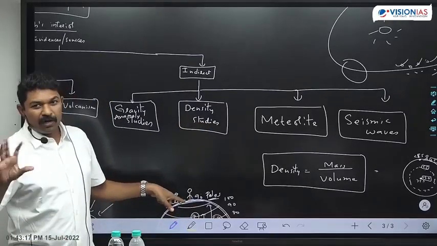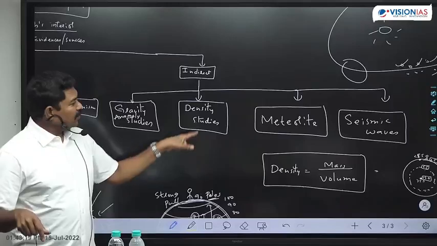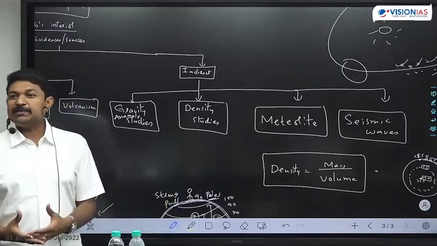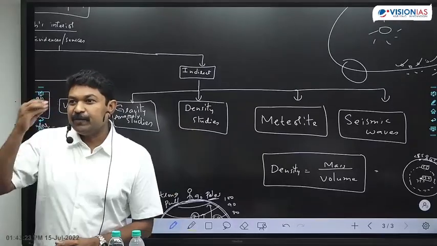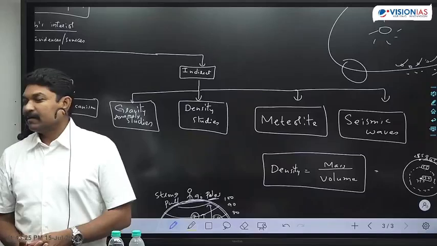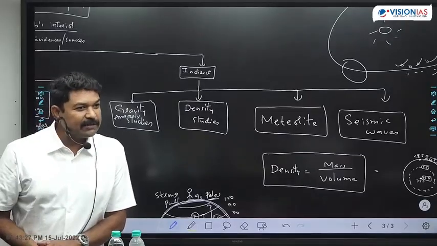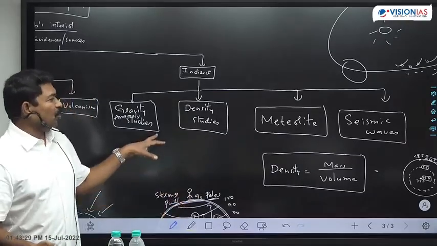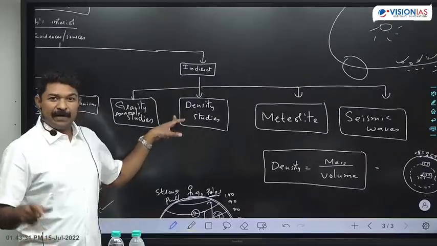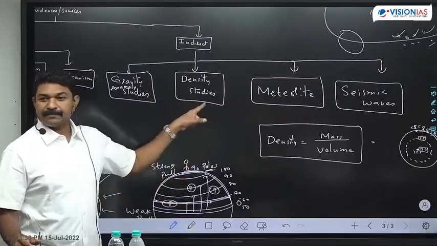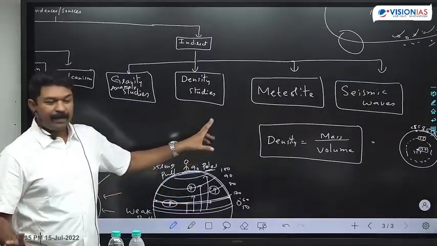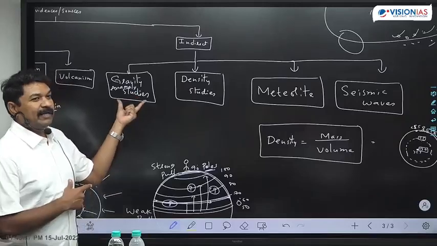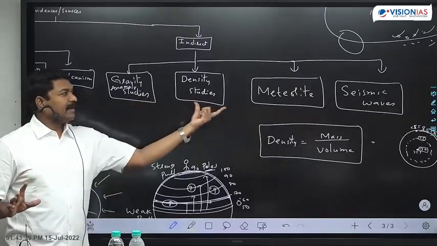Though you need not write all of this, why am I explaining it? Because at least you should know how it is helping the scientific community to know the earth's interior. You might not be writing it in the exam, but you should know how they are helping. Is it clear?